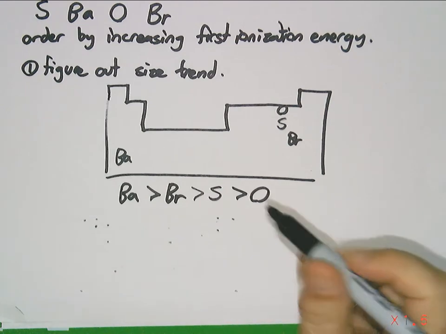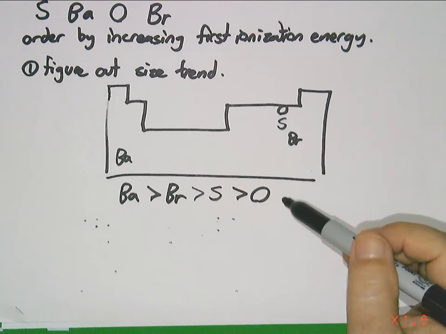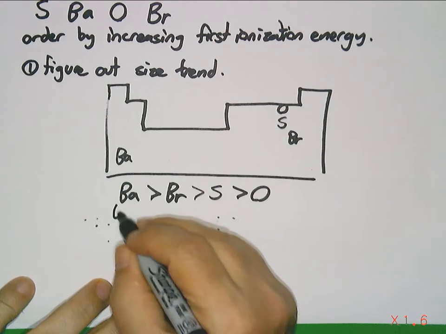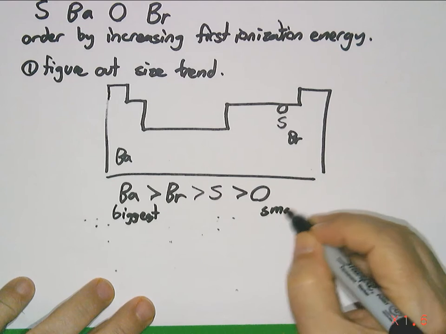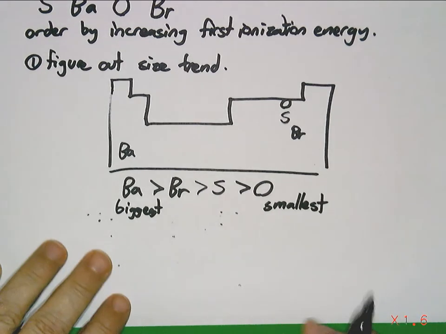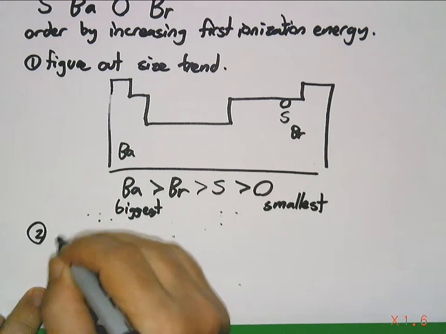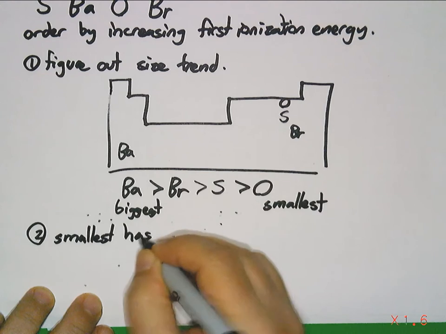So now, ionization energy, this is the biggest, and then this is the smallest. Now the smallest one has got the biggest ionization energy.